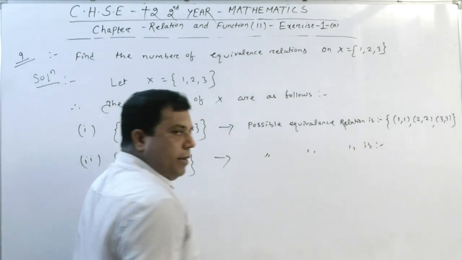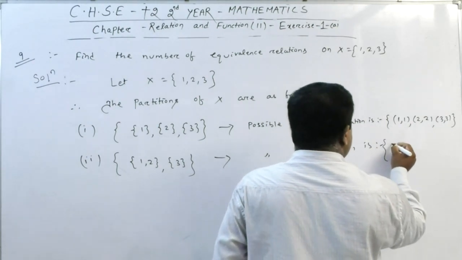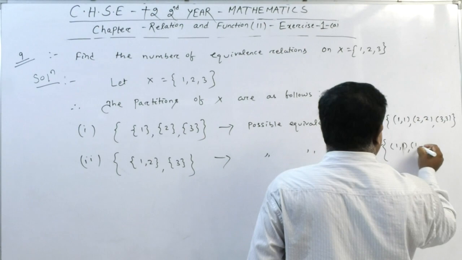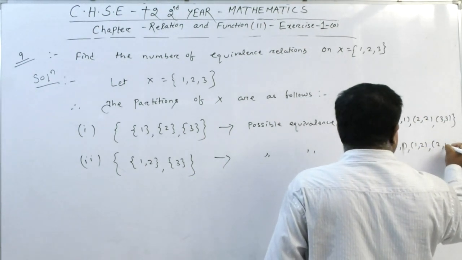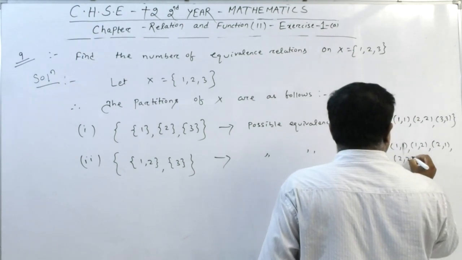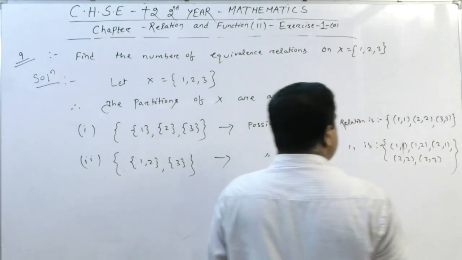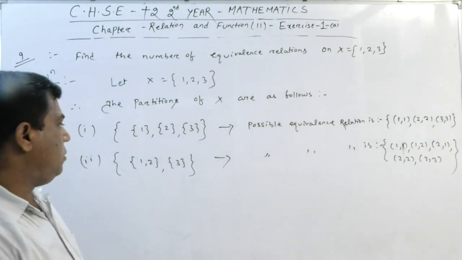You will proceed. Okay, and what you obtain? You obtain (1,1), if you make cross product (1,1), (1,2), then (2,1), (2,2), and 3 is making cross product (3,3). Okay, so this is one way to get another equivalence relation.